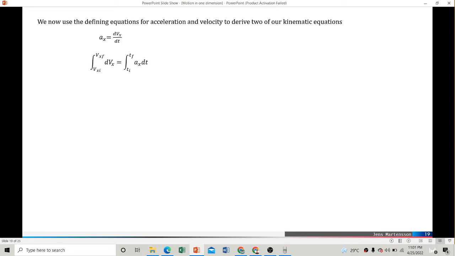Now, using integration with the boundary limits for the velocity, vxf and vxi, and the boundary limits for time, t final and t initial, by integrating, the differential elements can cancel out.